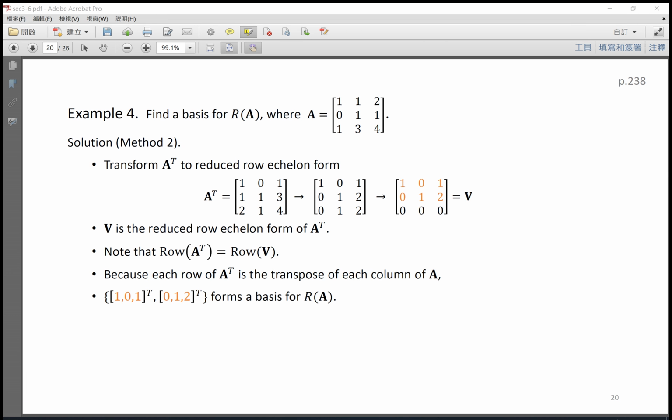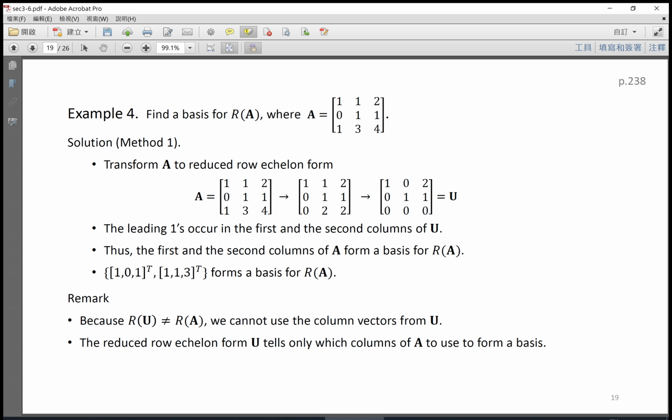Now I have presented two methods for computing a basis for the column space. You might ask which method to use. My suggestion is that if your goal is to compute a basis for both the row space and the column space, then you can use method 1, because they all need the reduced row echelon form.